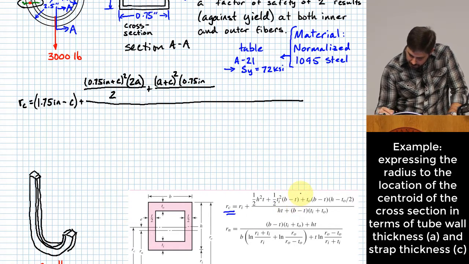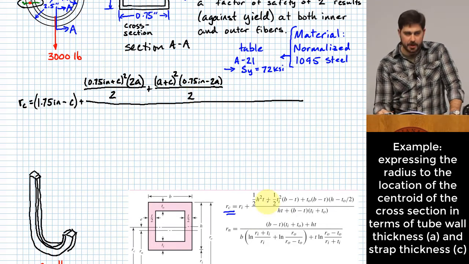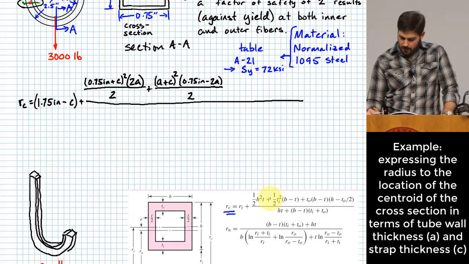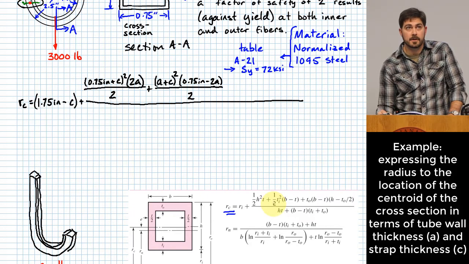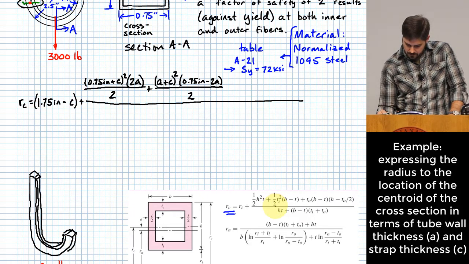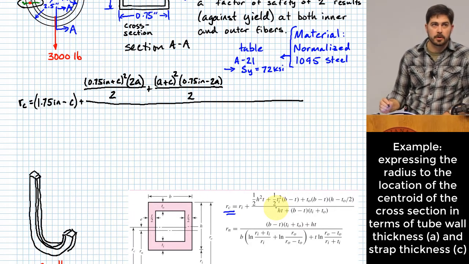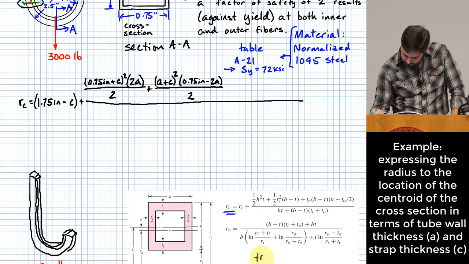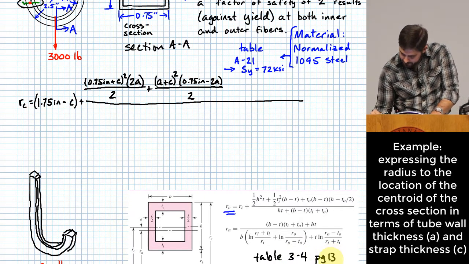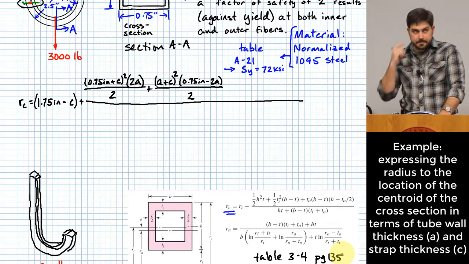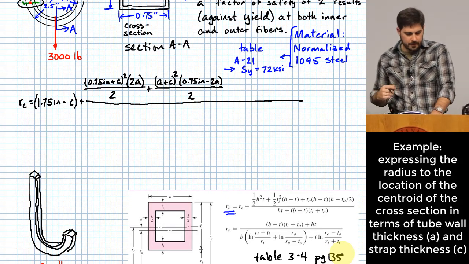And T was 2A. And then that's that 1/2 factor. All right. This is in table 3-4, on page 135.